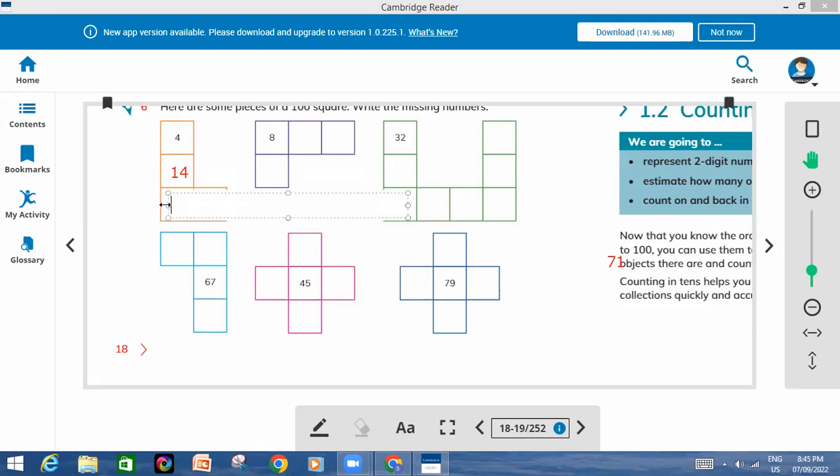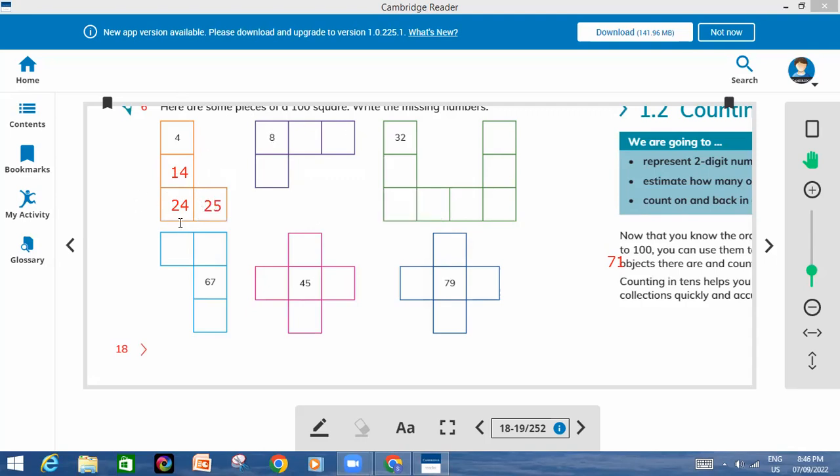Okay, 14 plus 10 is 24. And now here, the next box is not under the 24. So what we are going to say, we are going to take it as rows. 24, what comes after 24? 25.